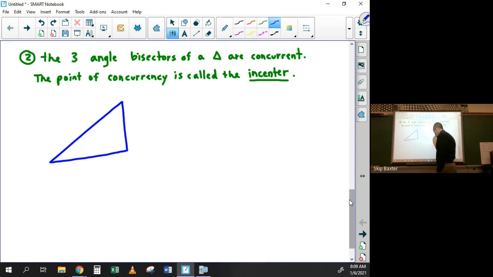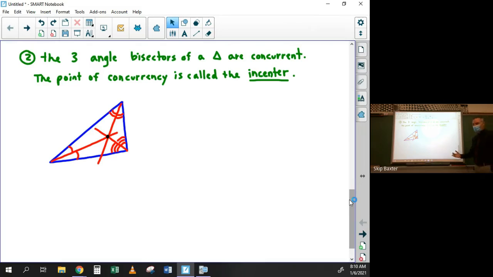If I draw the 3 angle bisectors, so we have this angle bisector, and again, I'm just eyeballing it, these are not exact, just eyeballing it. This angle bisector, and then the 3rd angle bisector, they're all going to intersect in the same point. And that point of intersection is called the in-center.